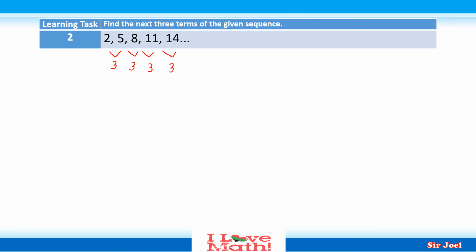At syempre pa, sabi nga natin kanina, kung pabalik, kung i-add naman natin, 2 plus 3, the answer is 5, plus 3, the answer is 8, plus 3, it's 11, plus 3, 14. So plus 3, the answer is 17, and then plus 3, the answer is 20, and then plus 3, the answer is 23. And then, sabi nga natin, ellipsis.